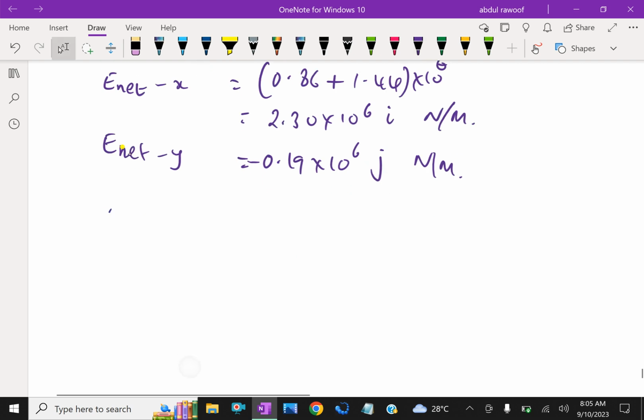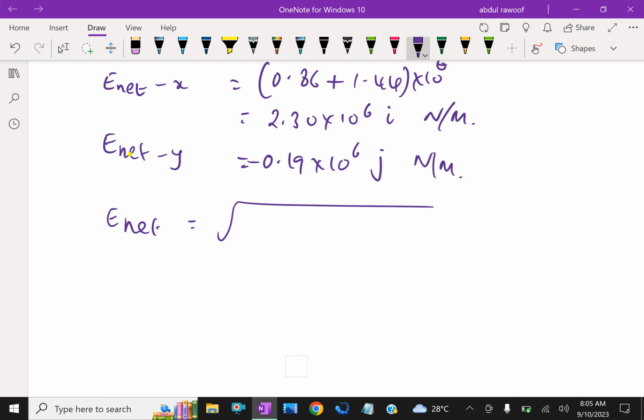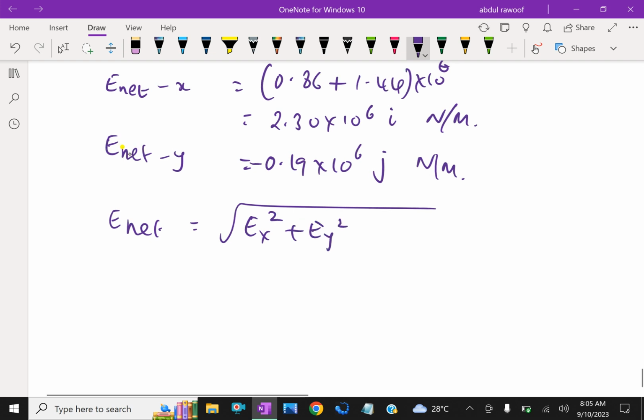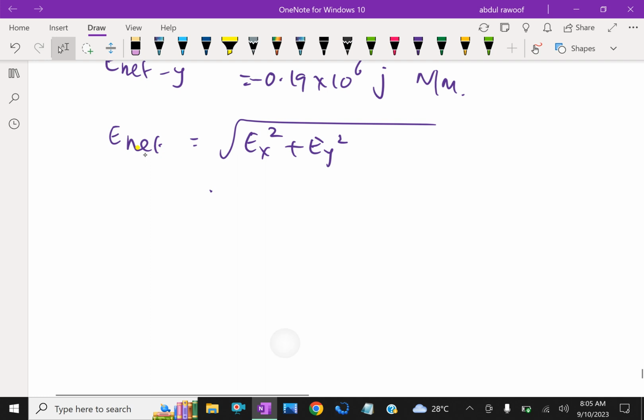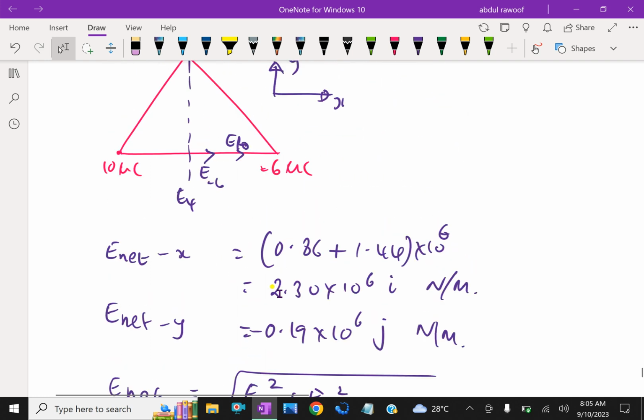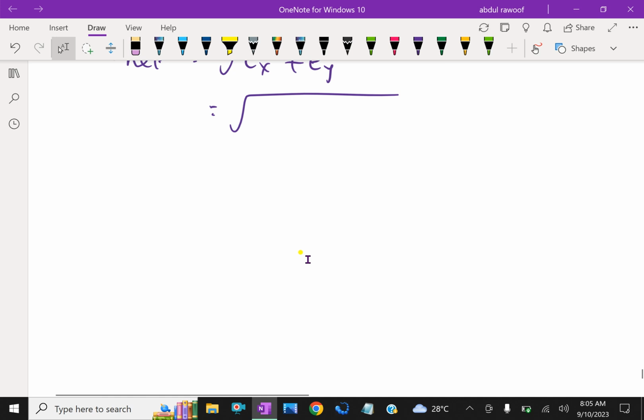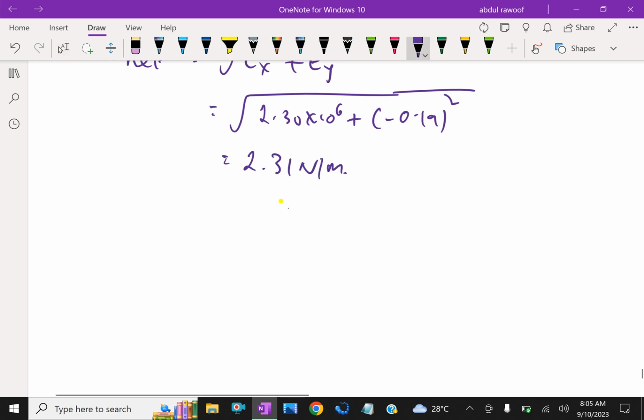Therefore, E net equals the square root of E x squared plus E y squared, where Ex is 2.30 and Ey is minus 0.19. Squaring and adding and taking the square root, we get 2.31 into 10 power 6 newton per meter.